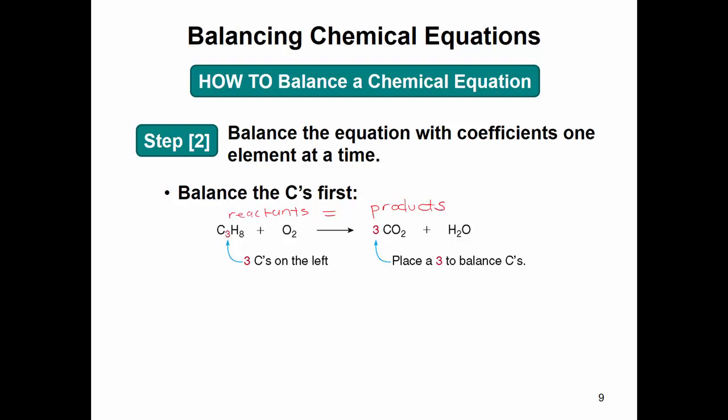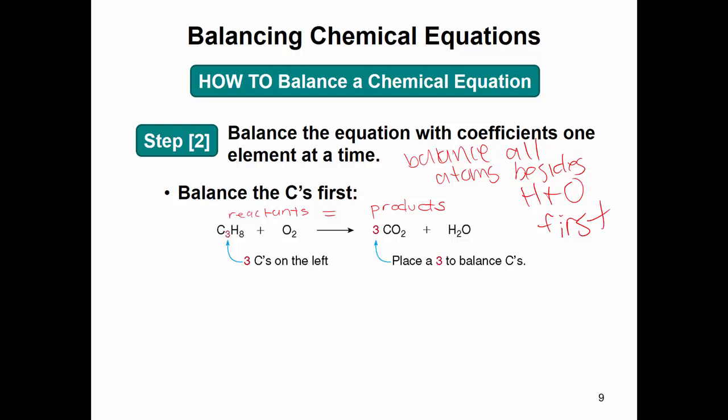First thing I would do is start with the first atom listed. I would do all of the elements except for hydrogen and oxygen first. So balance all atoms besides hydrogen and oxygen first.